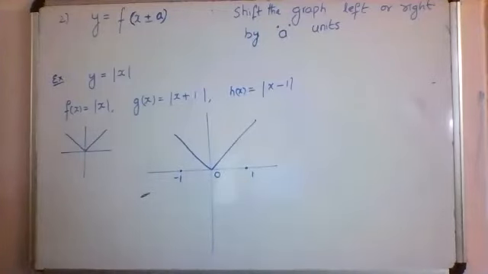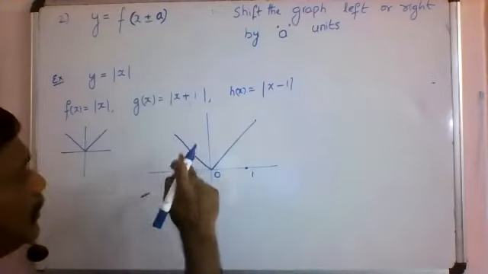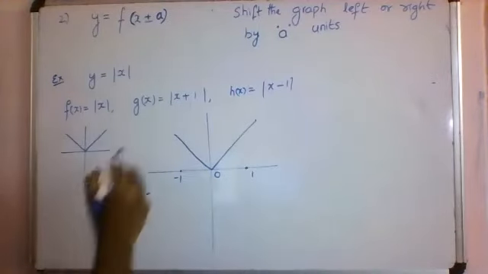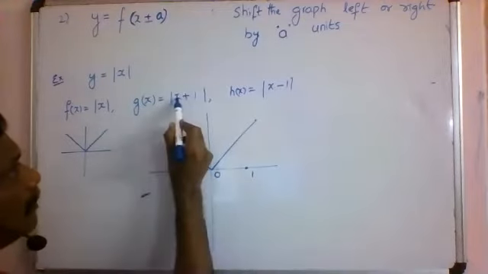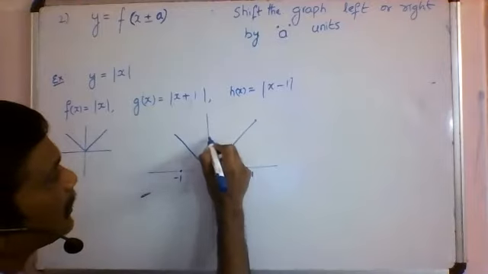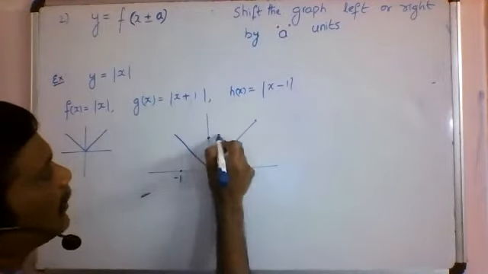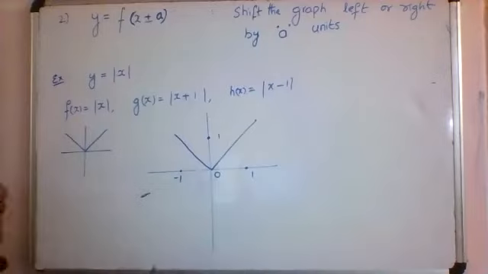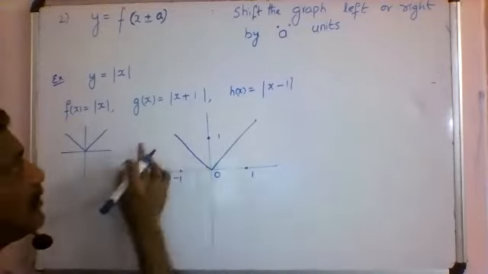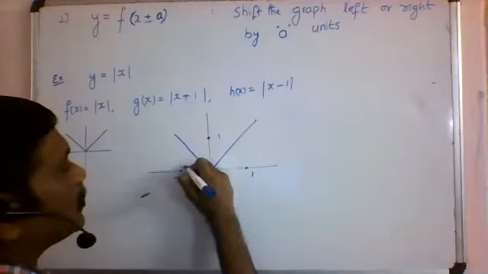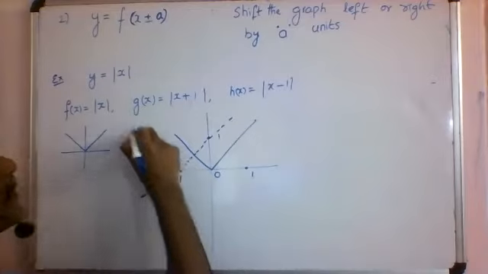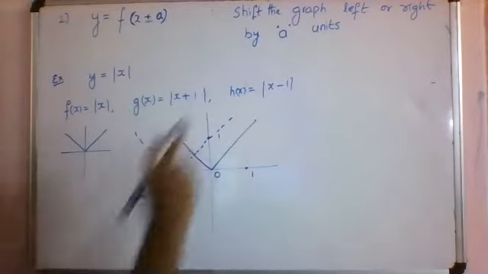And also, where it is intersecting the y-axis, that is also important. If I put x is equal to 0, y is becoming 1. So when x is 0, suppose y is 1 here. y is 1 here. Right? Now we are shifting this towards the left for this. So I draw dotted lines, parallel to this one only.